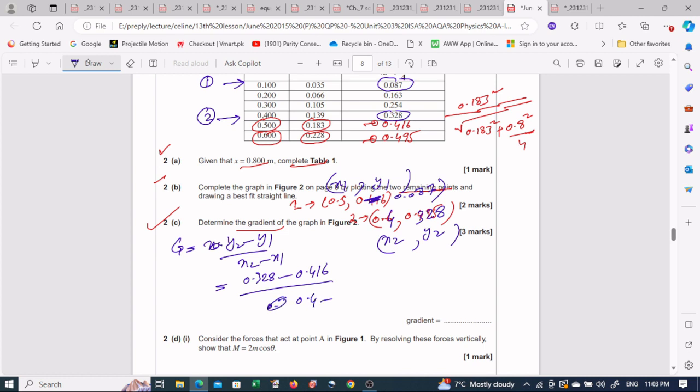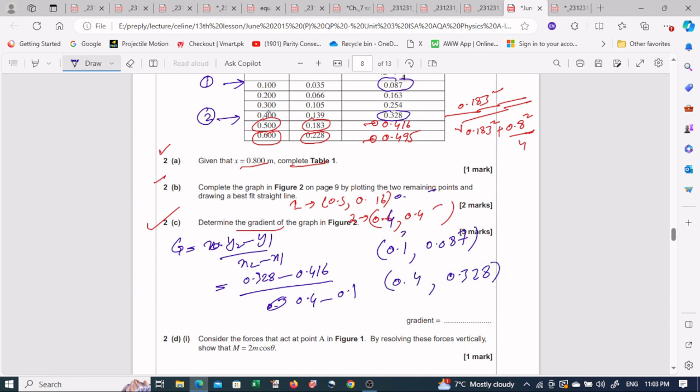Y2 is 0.4 minus 0.1. I can write it in separate ways, x2 y2, and I have to rewrite this. First x1 is 0.1, y1 is 0.087, x2 is 0.4, and y2 is 0.3.